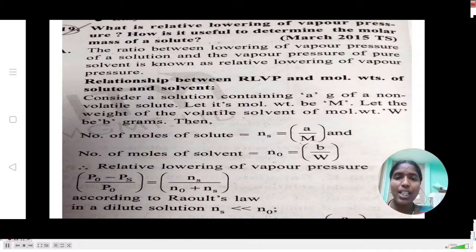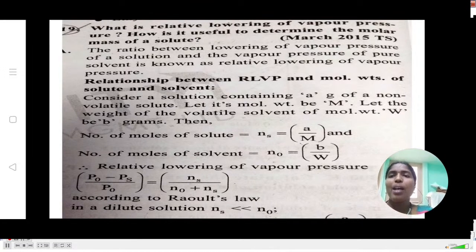So lowering of vapor pressure of the solution is P0 minus Ps, and the vapor pressure of the pure solvent is P0. So totally (P0 minus Ps) by P0 is the relative lowering of the vapor pressure.